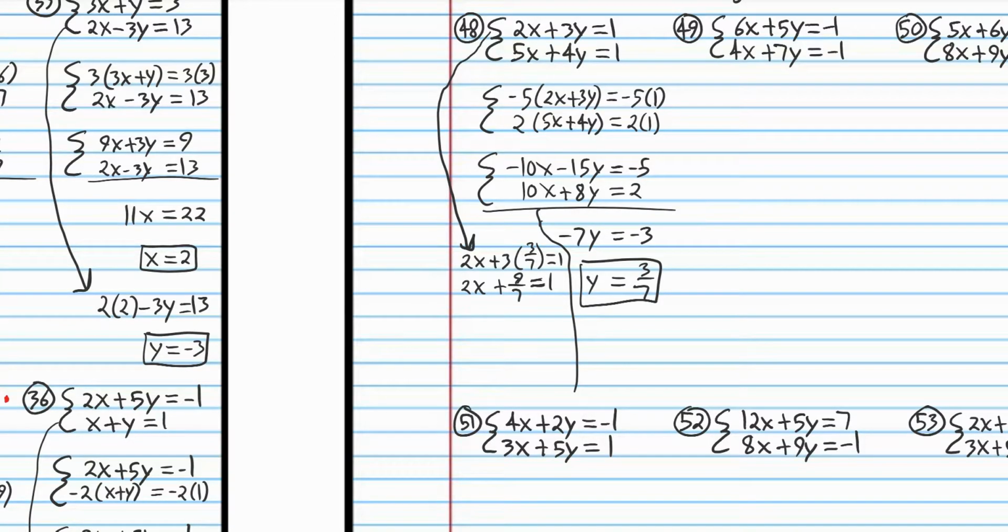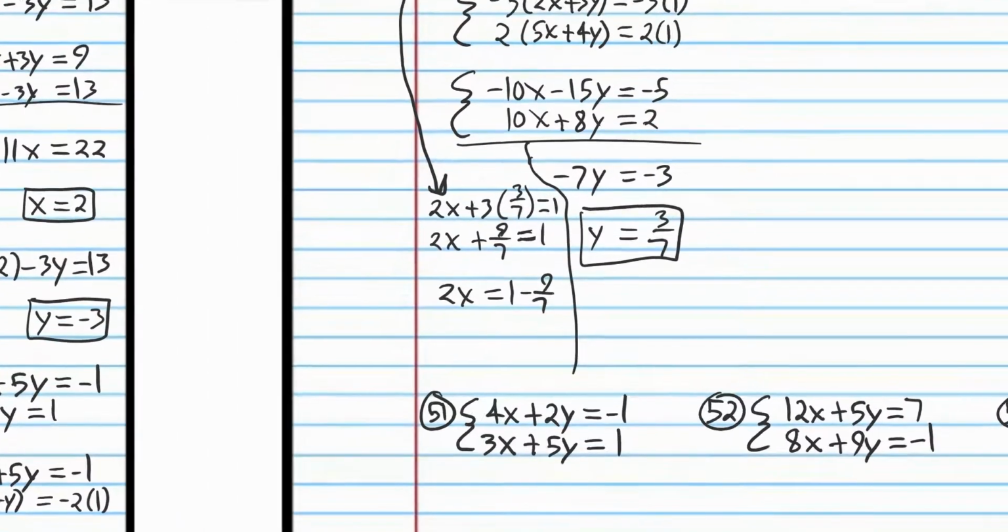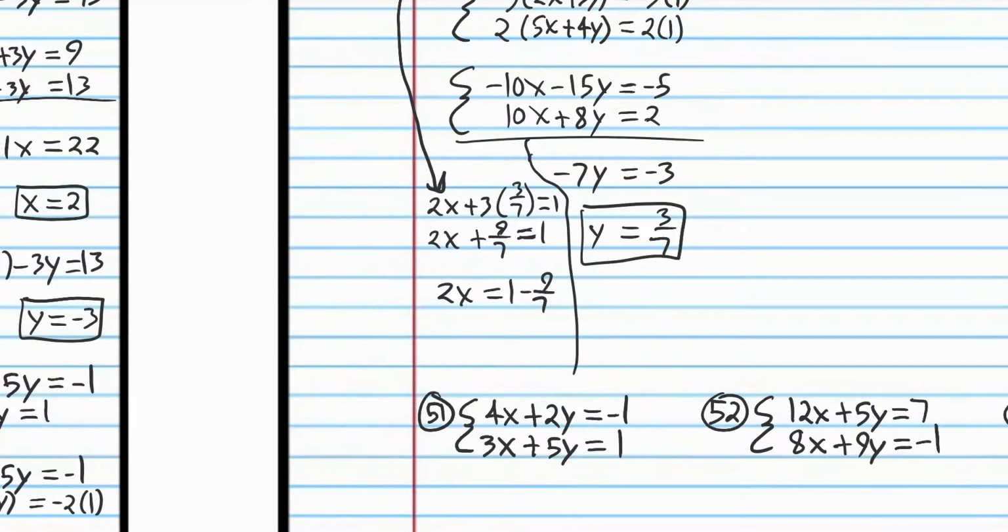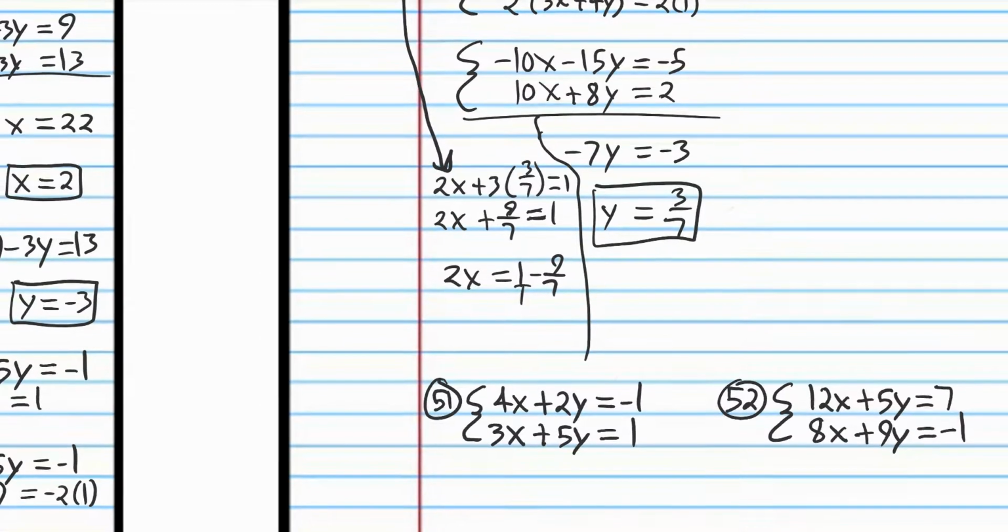I have to move that over a little bit. So 1 is just over. 1 is a whole number, so you can just write it as over 1. So then multiply both sides of this fraction by 7, and you have 7/7 minus 9/7.